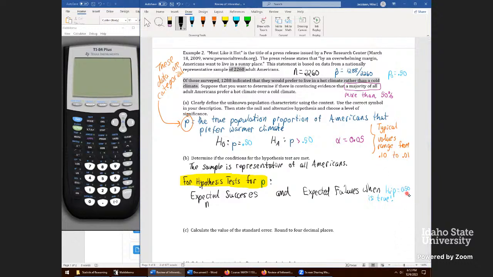The formulas go n times p naught, and then n times 1 minus p naught. If that null hypothesis is really true, these two formulas will give us expected successes and the expected failures in the sample before we even collect the data.